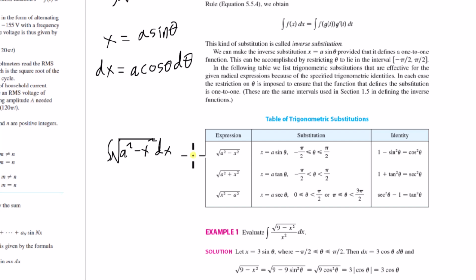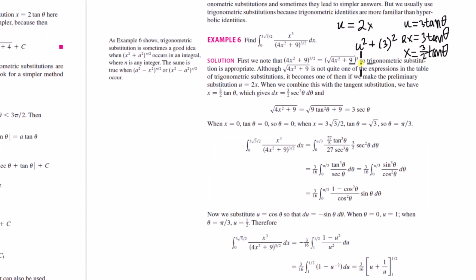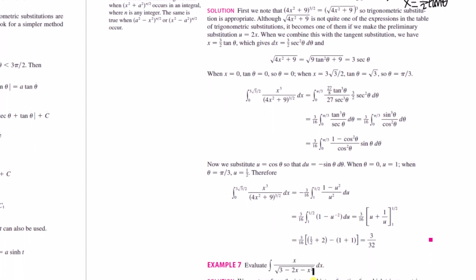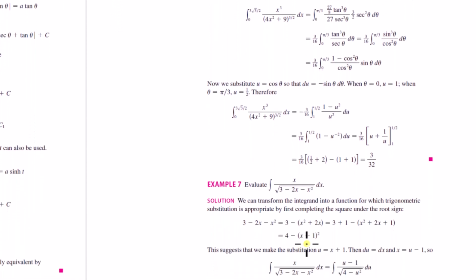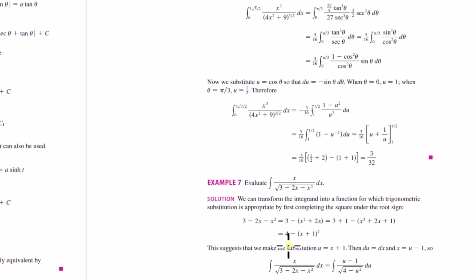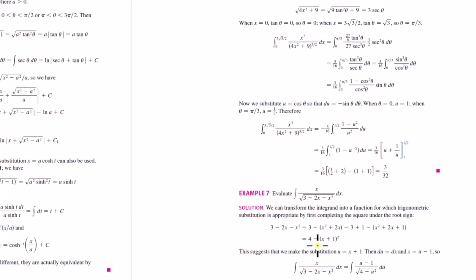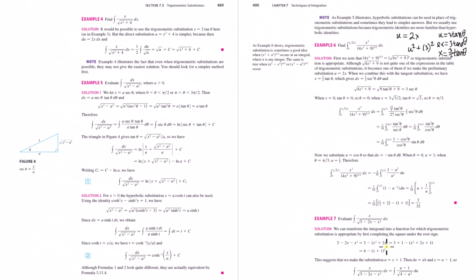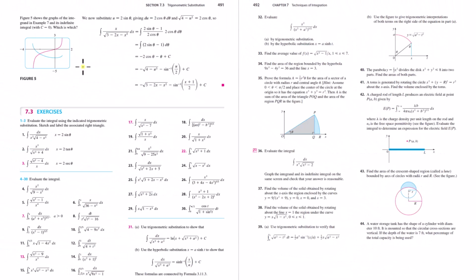And then the other offshoots are if you've got something to where you can make a u substitution and turn an expression into that a squared plus or minus x squared form, x squared plus or minus a squared form. Like we showed here, and then like here, right? Recognizing that you can turn this into something like this, and then you can make a substitution and get one of those trig substitution forms. Okay, so now let's work some example problems.